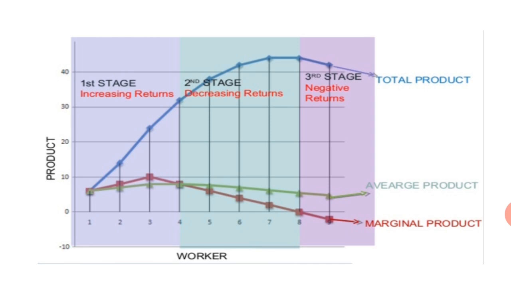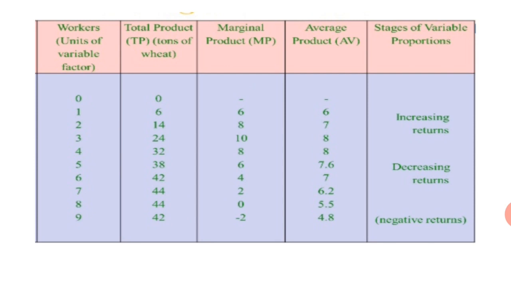On the OY axis 1 centimeter is equal to 10 units, and on the OX axis 1 unit is equal to 1 centimeter. So take this chart and calculate.